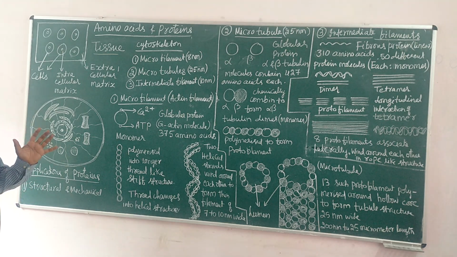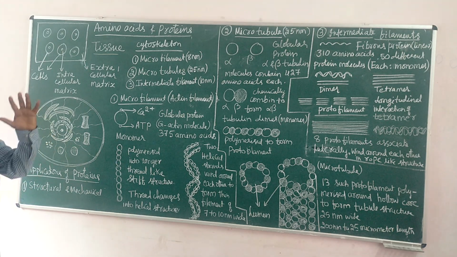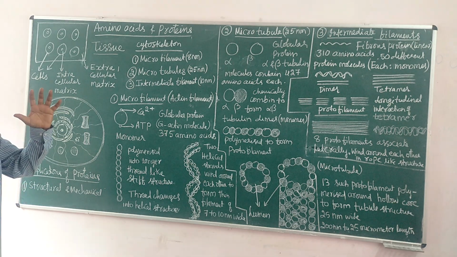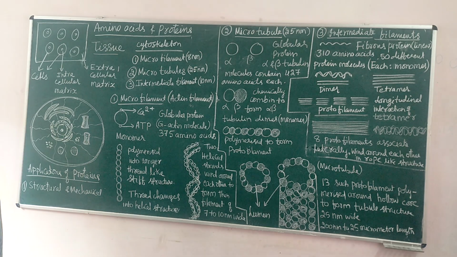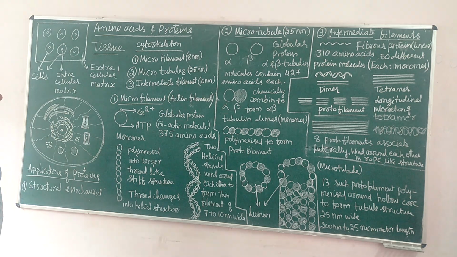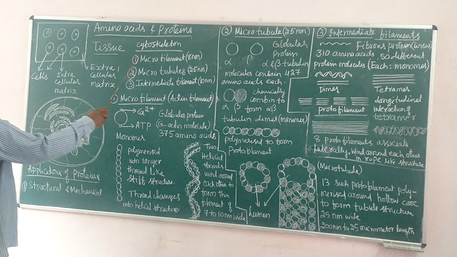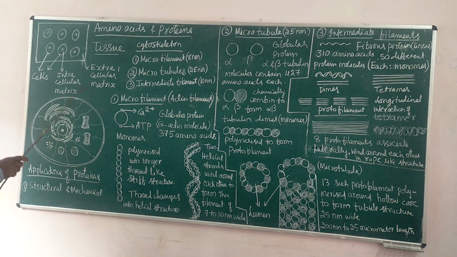Some mechanical material with the required tensile strength is needed to support the cell to retain its shape and size and to keep its function always going on. That is called structural and mechanical support. What is the material? The material is the cytoskeleton.